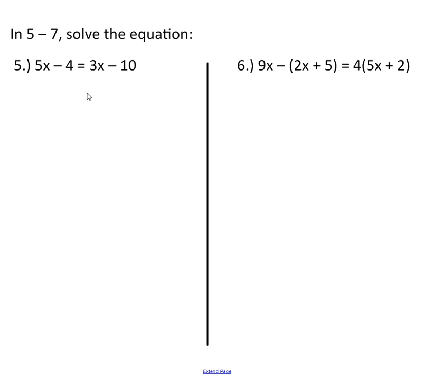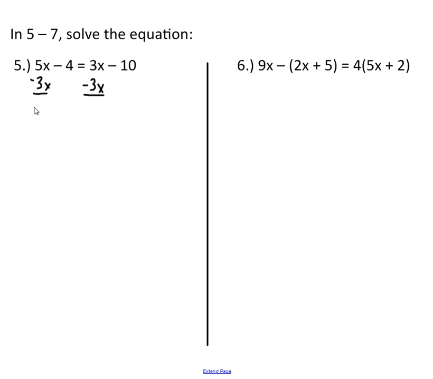But let's look at problem number 5 first for a basic idea. If I have a variable on both sides of my equation, I'm going to handle this situation by gathering like terms to one side of the equation. We do that by addition and subtraction. So I'm going to subtract 3x from both sides of the equation equally, from the left and from the right, to balance the equation.